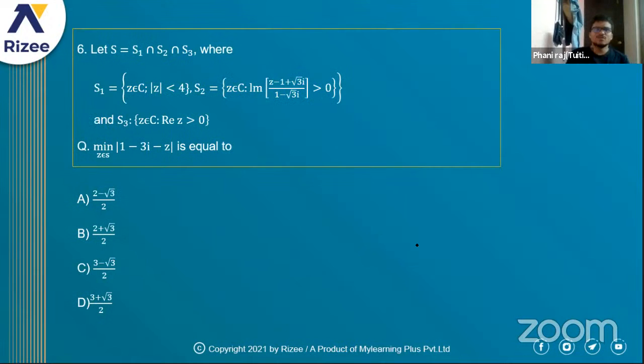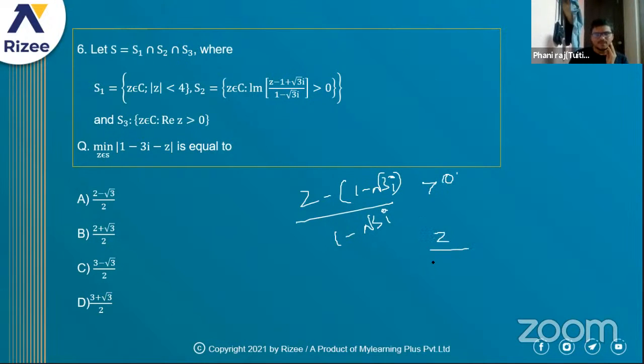Now S2 is, okay, let's simplify what S2 stands for. The imaginary part of Z minus 1 minus root 3i by 1 minus root 3i is greater than 0. So this says Z by 1 minus root 3i is greater than 1, correct?